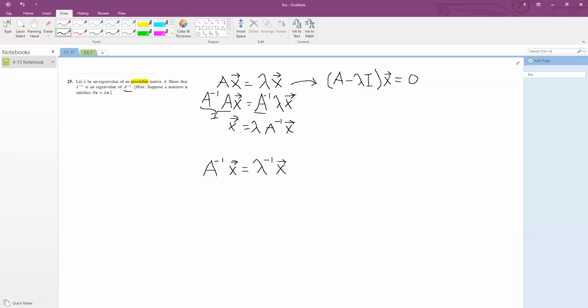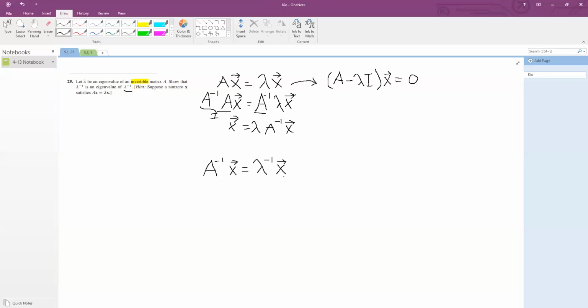All right, so now we have this, and we are getting closer. We have all the parts we need except this lambda to the -1. You can see we're really close to getting to this step.